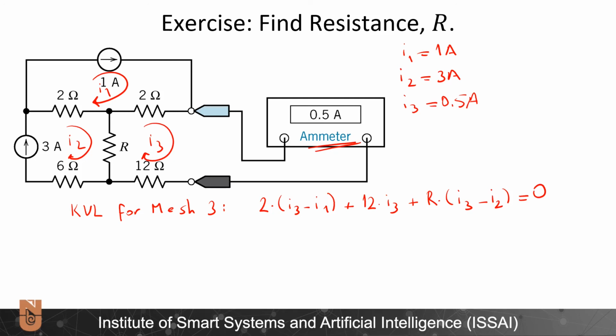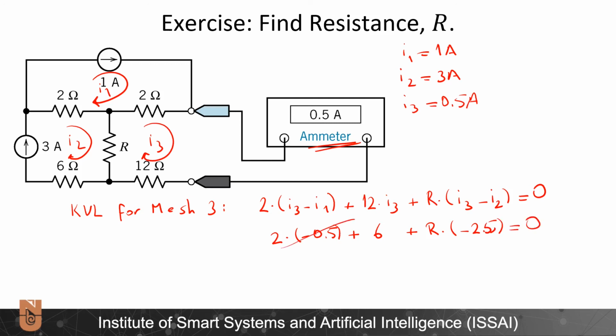Let's plug in the values of the mesh currents. 2 times minus 0.5, plus 12 times 0.5, it will be 6, plus R times (0.5 minus 3), which is minus 2.5 R, is equal to 0.